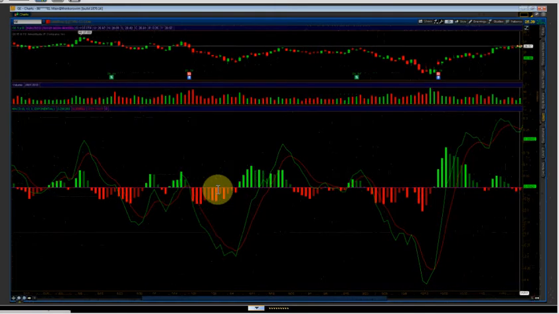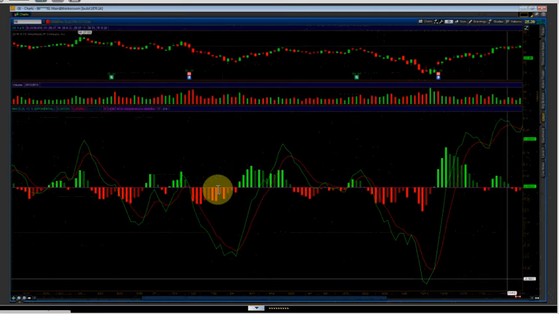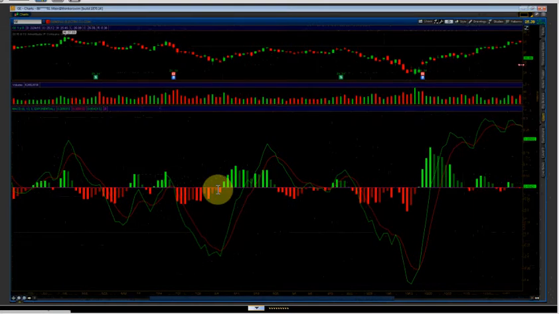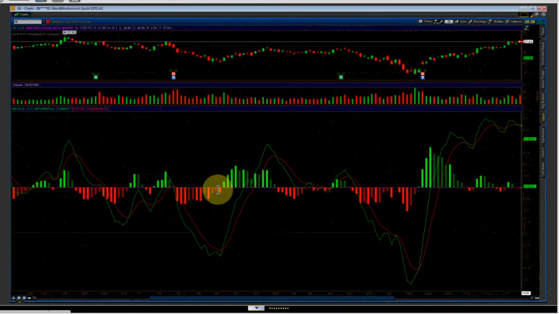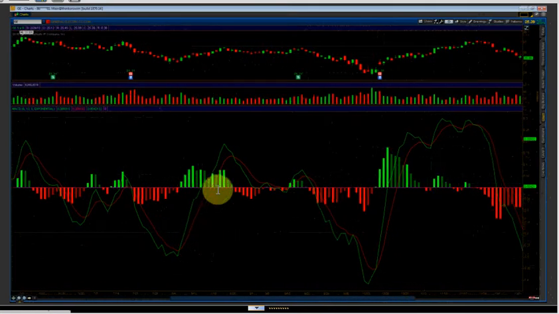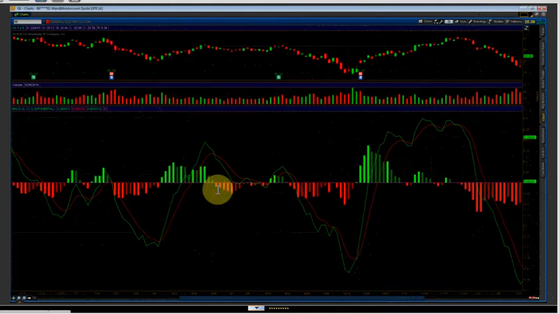Oh, it just crossed again and told me to buy at 26.61. And there it crossed below with a closing price of 26.99. 26.99 minus the buy price of 26.61.